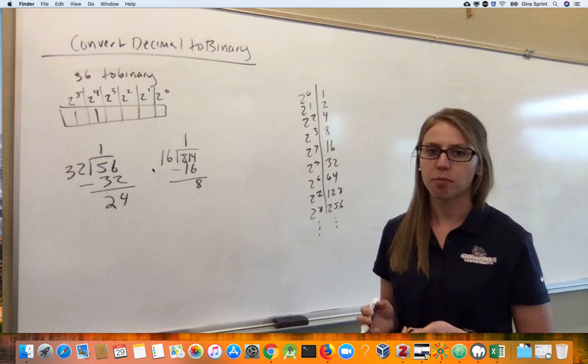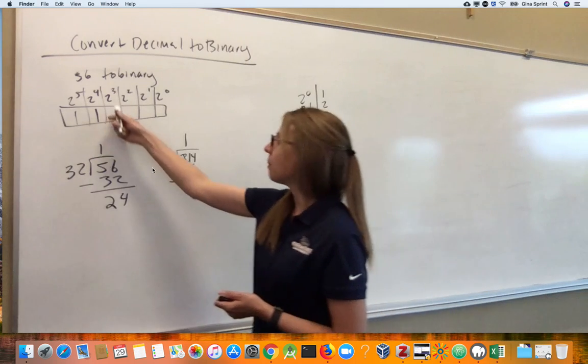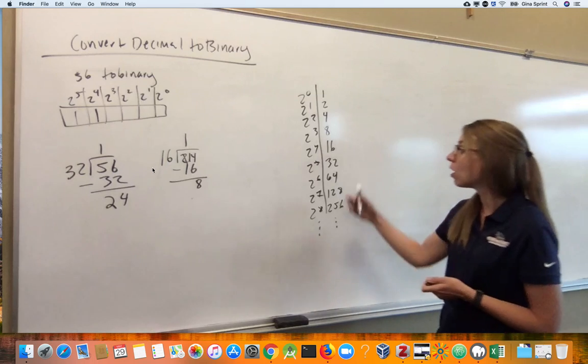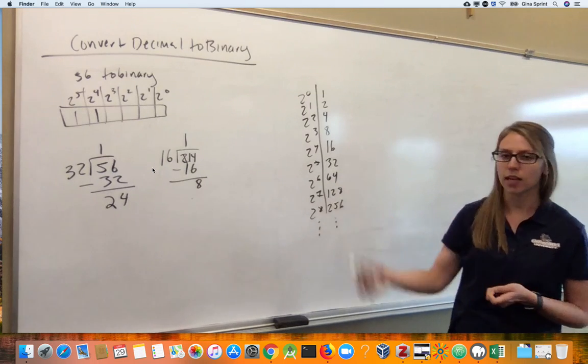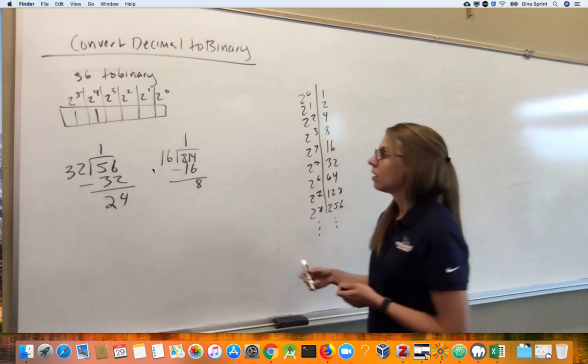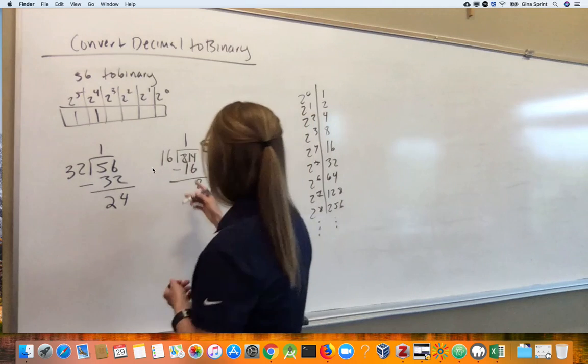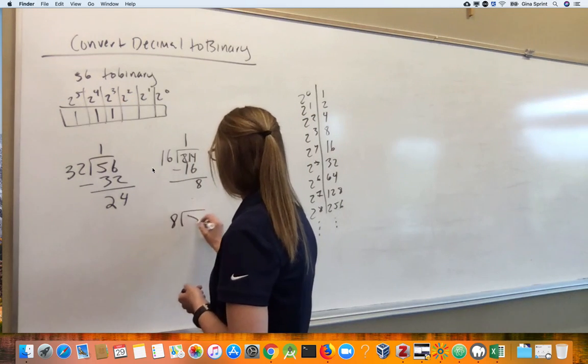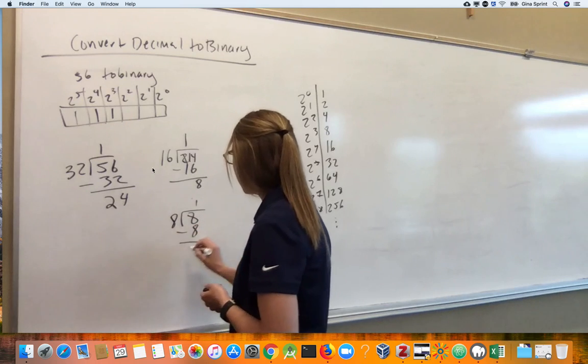Now we have a new subproblem. How many times does 2 to the 3 go into 8? Or what's the highest power of 2 that goes into 8? Well, 2 to the 3 goes into 8 one time evenly. 8 goes into 8 one time, and 8 minus 8 is 0.